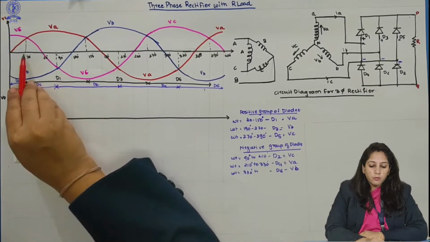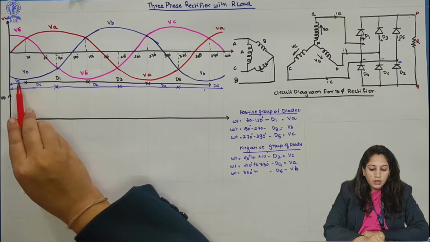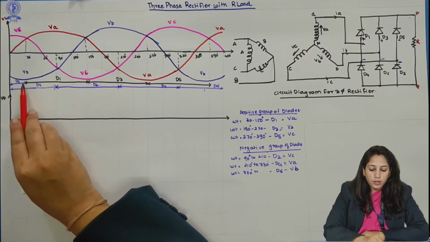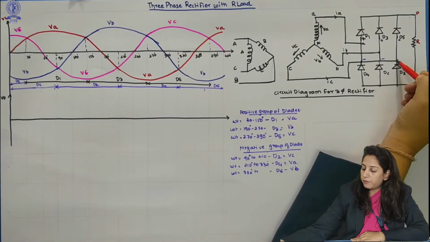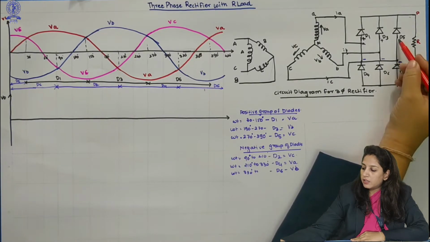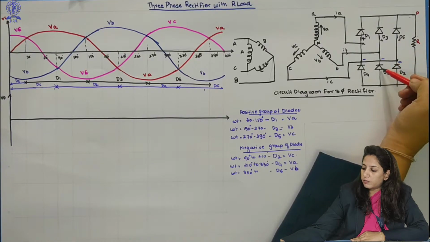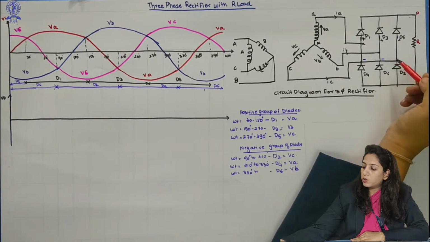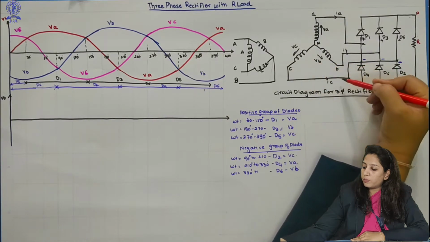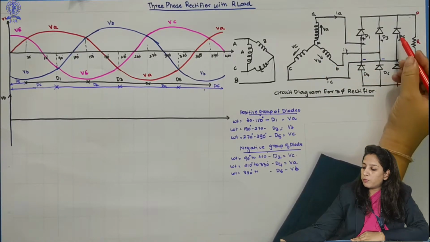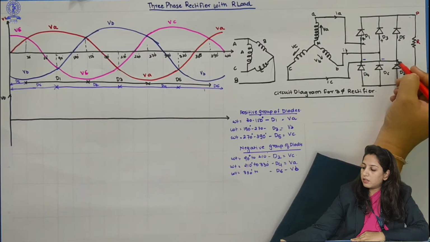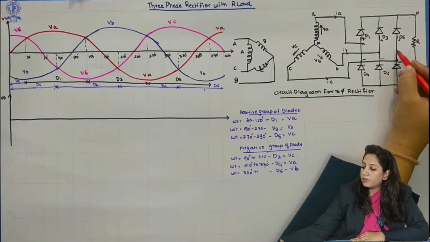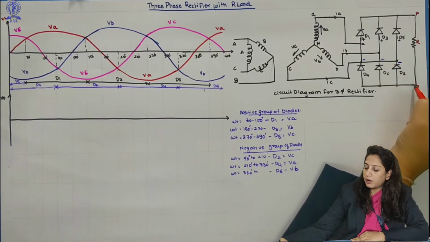First of all we will see D5 and D6, only D5 and D6 are on. This means the voltage will go from VC, that is the C phase, through D5, then through the load, and from D6 it will complete.